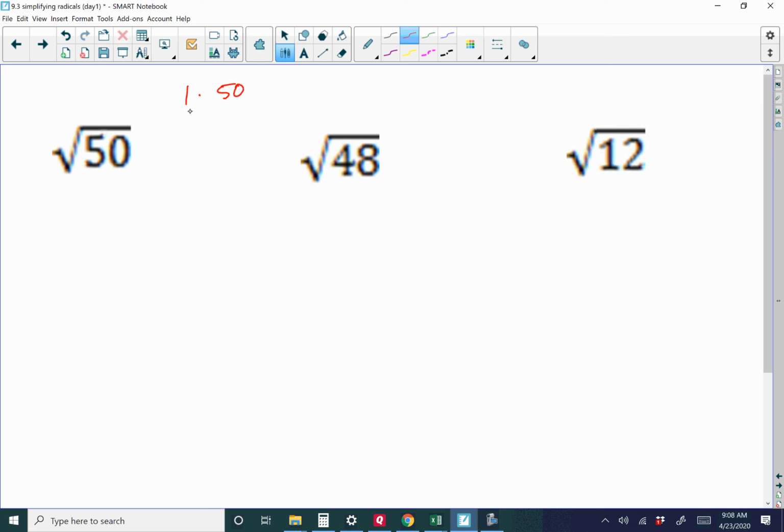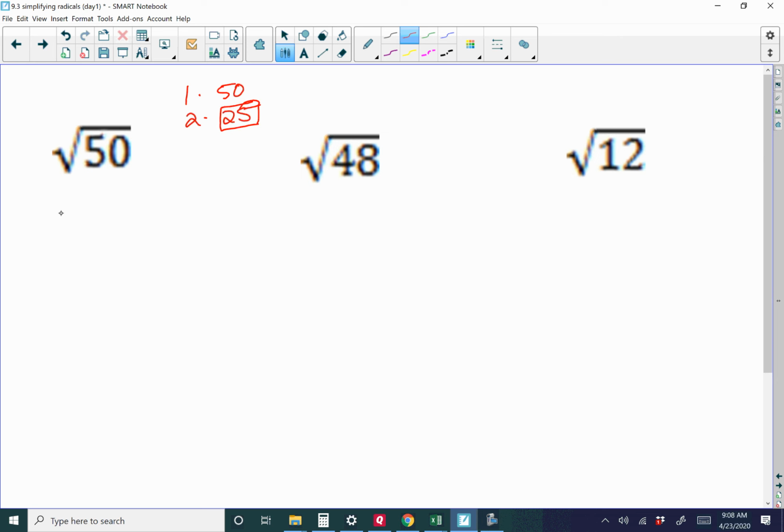So the other way, what I want to do then is check the other factors. So I have 2 times 25. Okay. 25 is a perfect square, right?